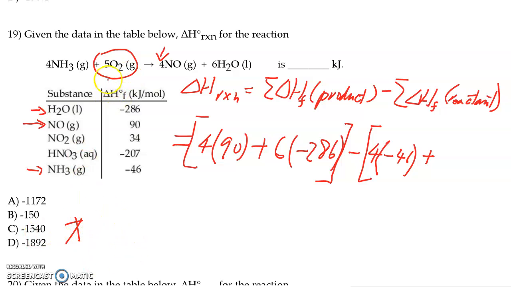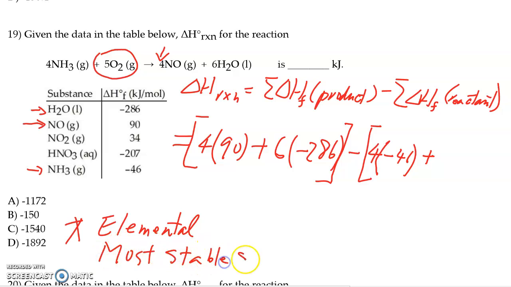When anything, either product or reactant, is in its elemental state and the most stable state, then the heat of formation will be equal to 0.